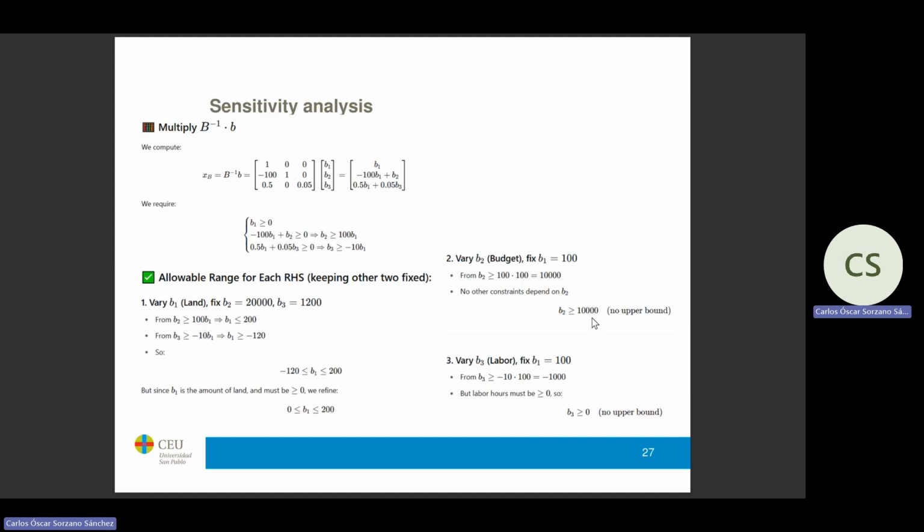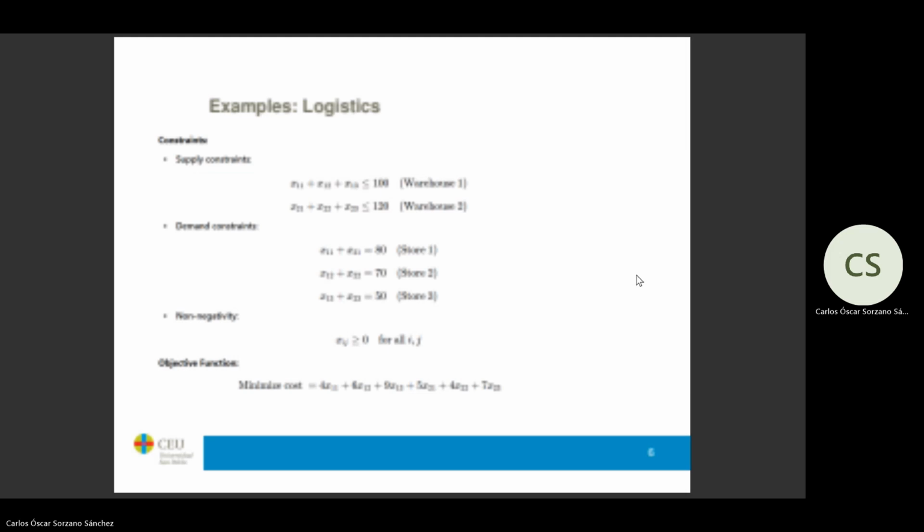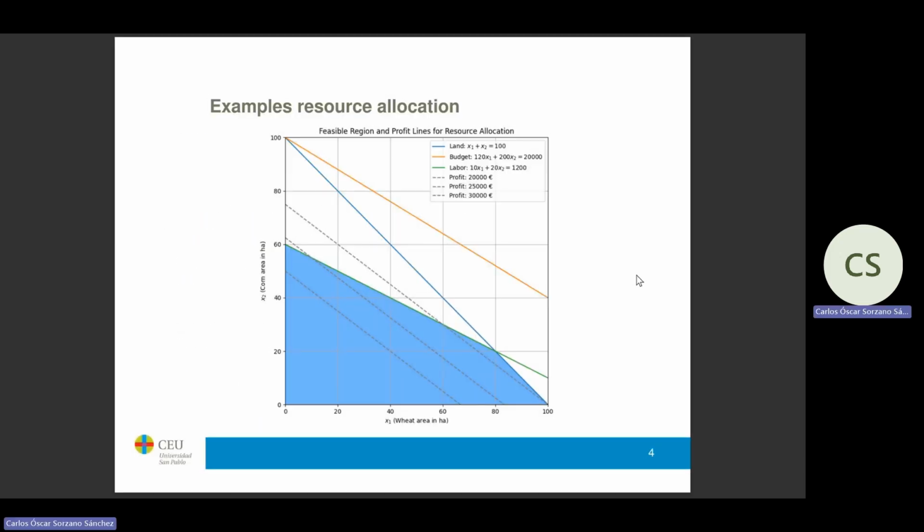Our budget was 20,000, and the solution we got will be optimal as long as the budget stays larger than 10,000. If it goes to 10,000, then this line goes down, down to this point. And if you keep lowering it, then you are constrained also by budget. You are not only constrained by land and labor, but at some point you are also constrained by budget because this line has got into the feasible region.